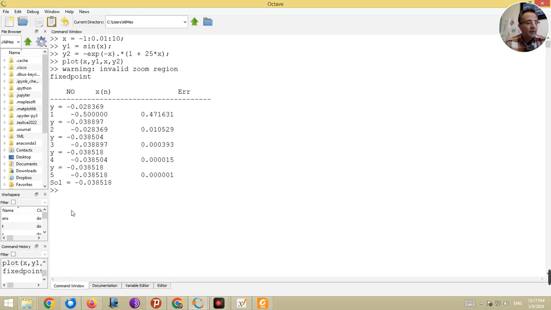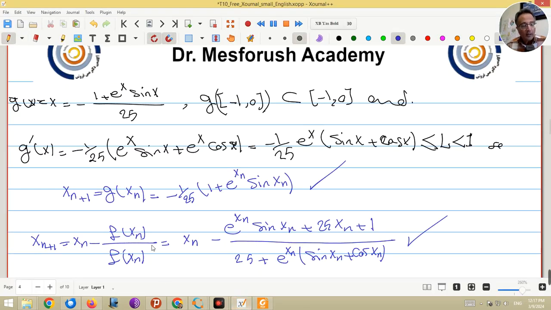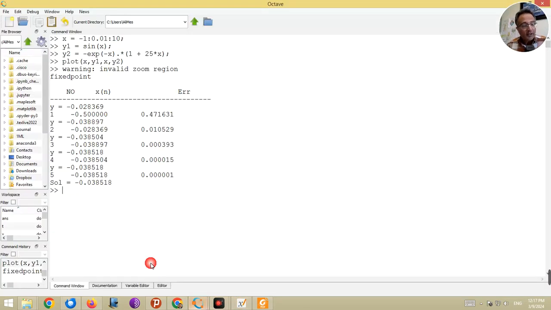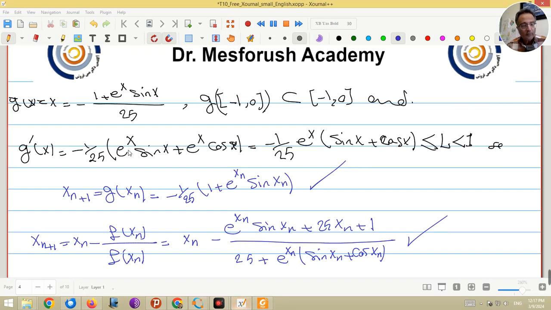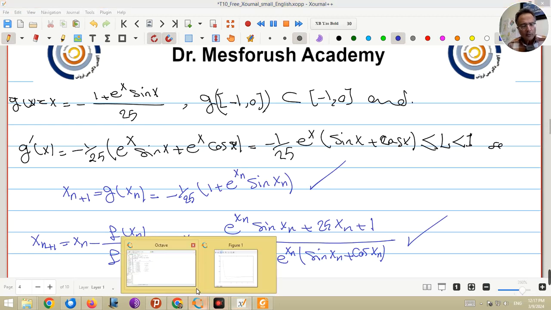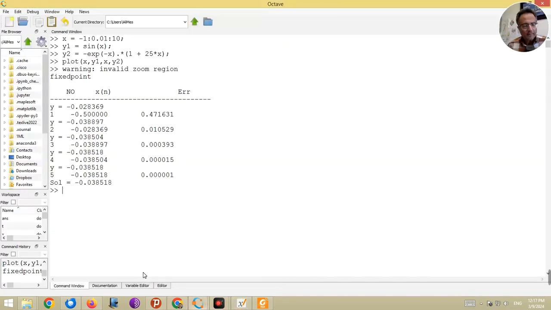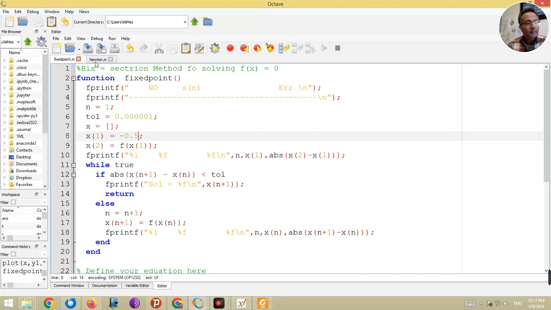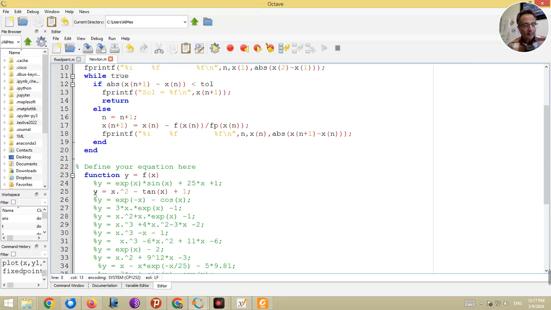The solution is minus 0.038518. Okay? Now, let me first try with the Newton method. Here, let me comment this line.